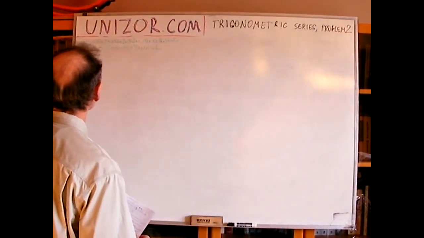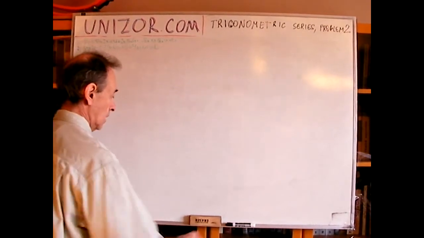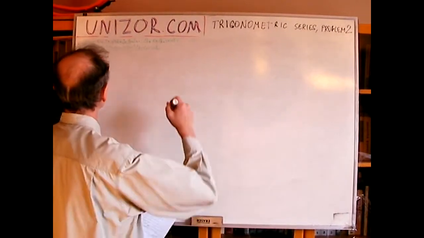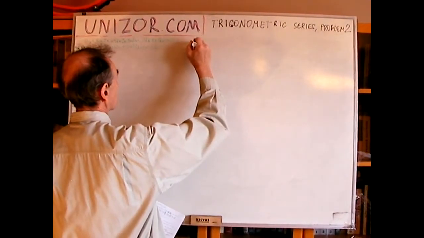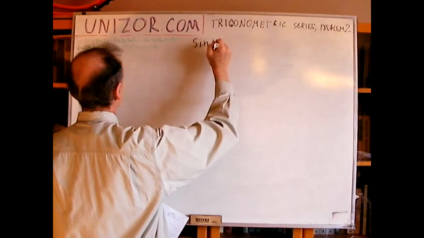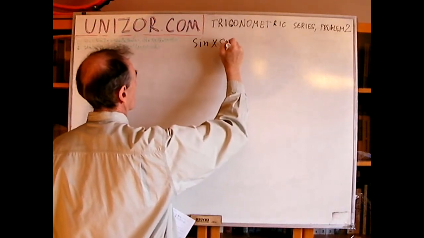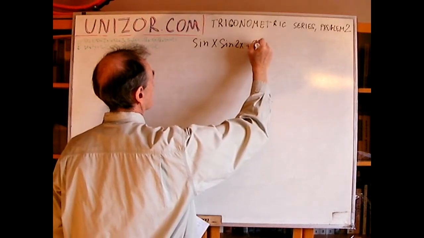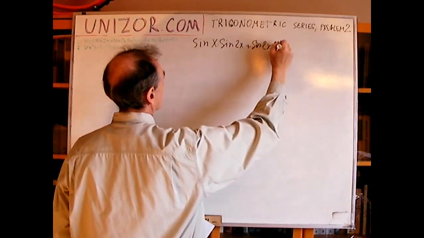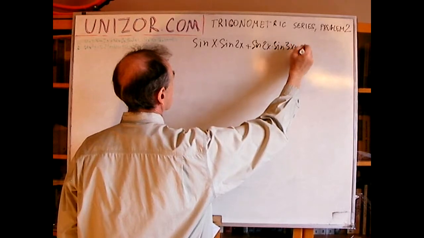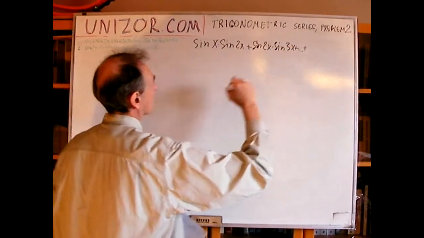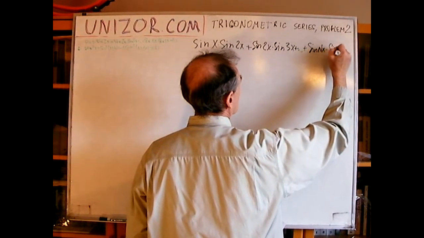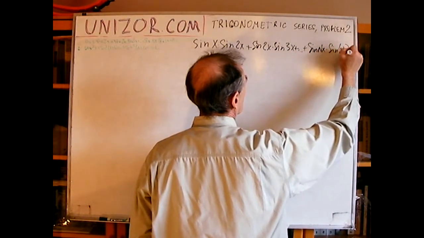Now, I have two problems for today, and I will try to be accurate and not make a mistake. The first one is sine x times sine 2x plus sine 2x times sine 3x plus etc. plus sine nx times sine (n+1)x.